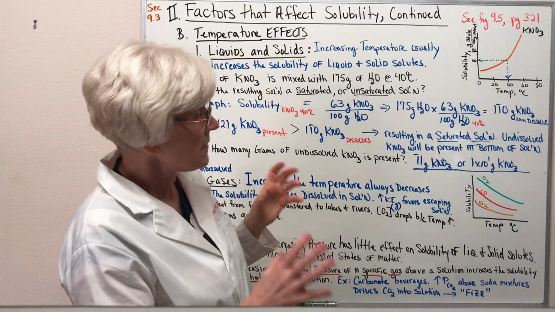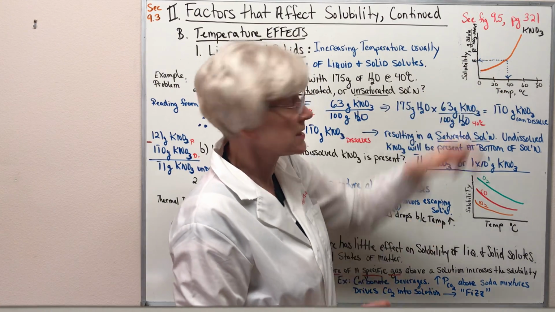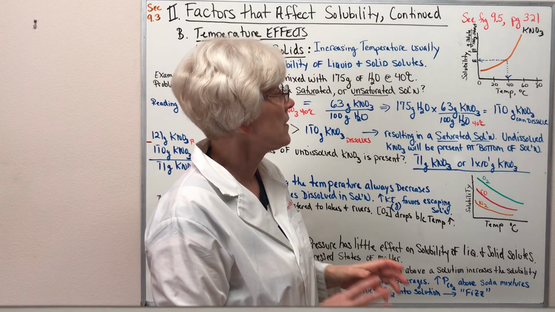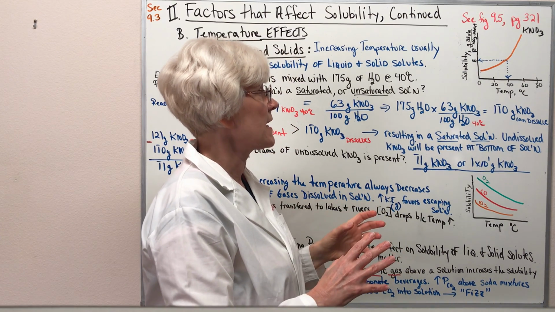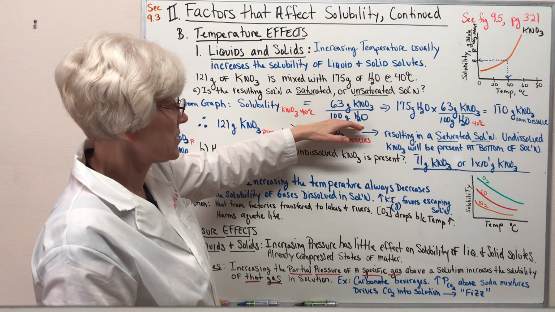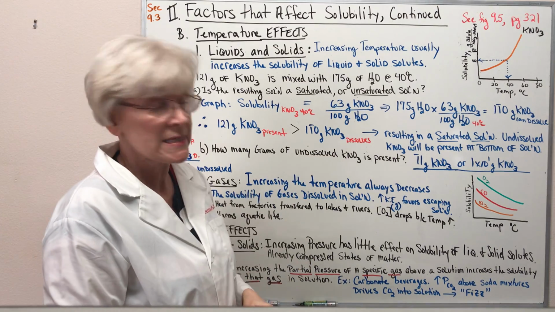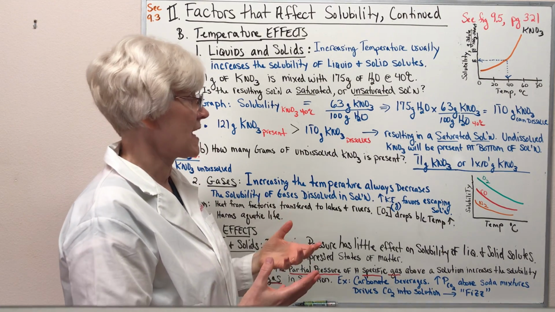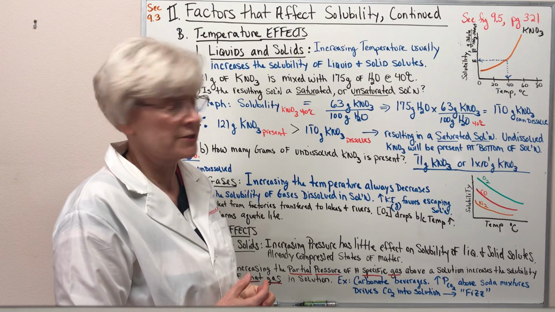So I'm estimating here the point of the curve definitely is closer to the 60 mark rather than the 80 mark. So using some estimating, I am reading the solubility of potassium nitrate at 40 degrees Celsius to be 63 grams of potassium nitrate dissolved per 100 grams of water.